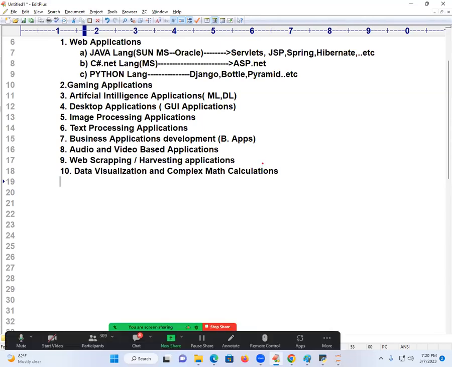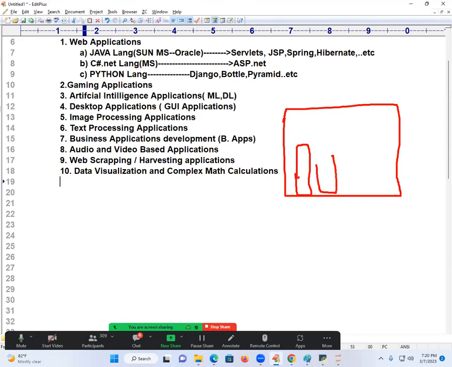A parent goes to the school and takes the first report: first unit test, second unit test, quarterly, half yearly and annually, and this is the graph. And immediately the parent will take the belt. This is called the belt concept here.